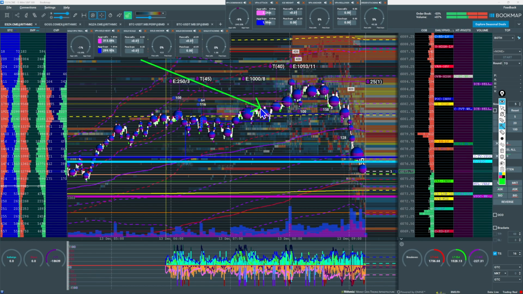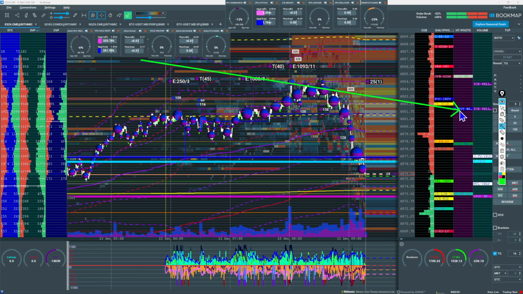So we have heavy selling interest up at this level, around yesterday's market profile point of control. It's around the weekly central pivot and yesterday's IB high. This is also around yesterday's value area high.